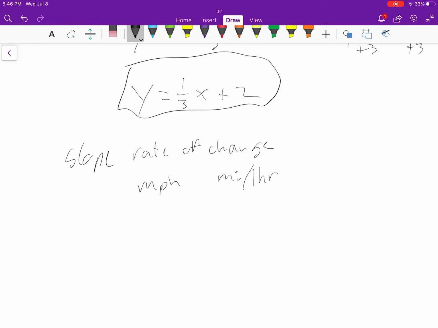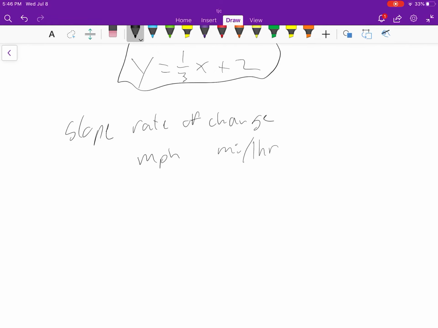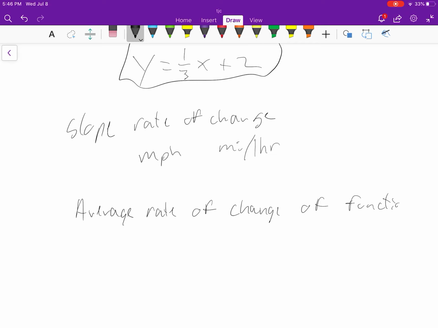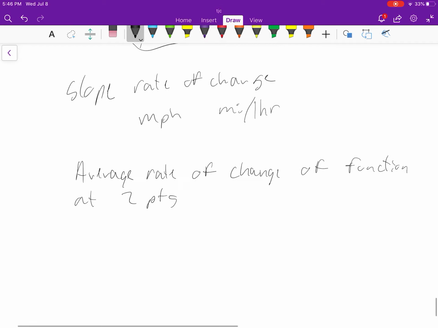And the last important thing here is they're going to be looking at the average rate of change of a function at 2 points. So in here, they're saying given some function, here is some function f of x equals x squared minus x plus 1.